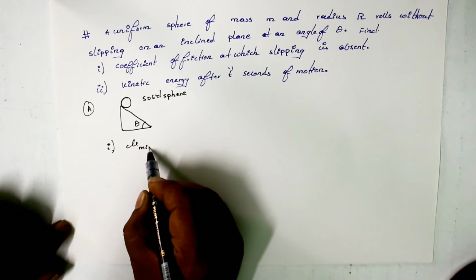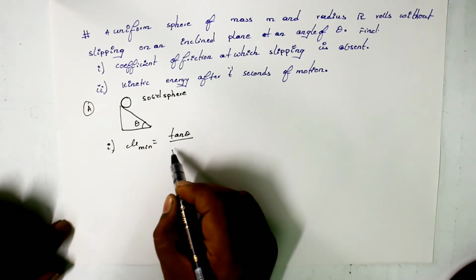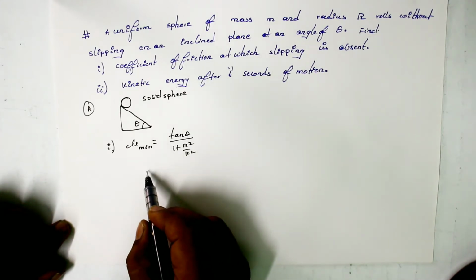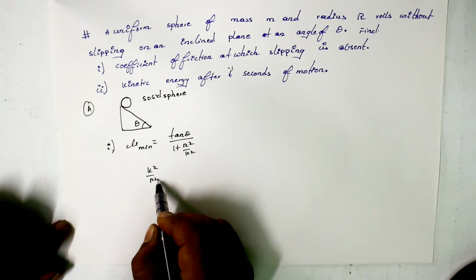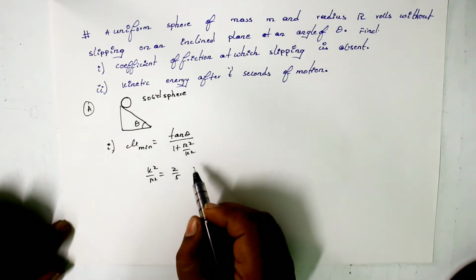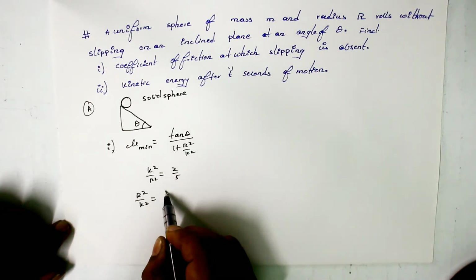So mu minimum is equal to tan theta divided by 1 plus r square divided by k square. We know the k square by r square value for a sphere is 2 by 5, so r square by k square will be 5 by 2.